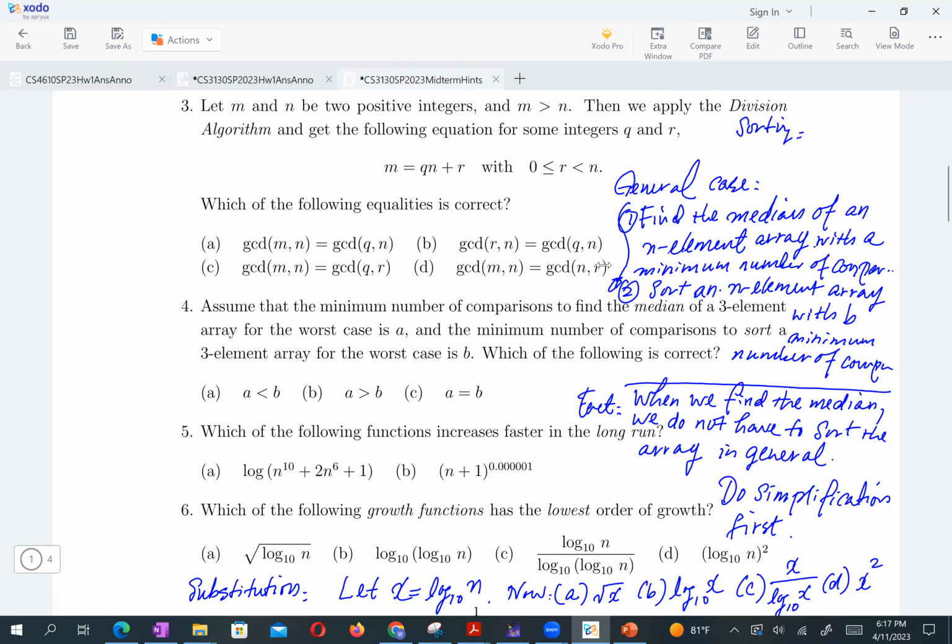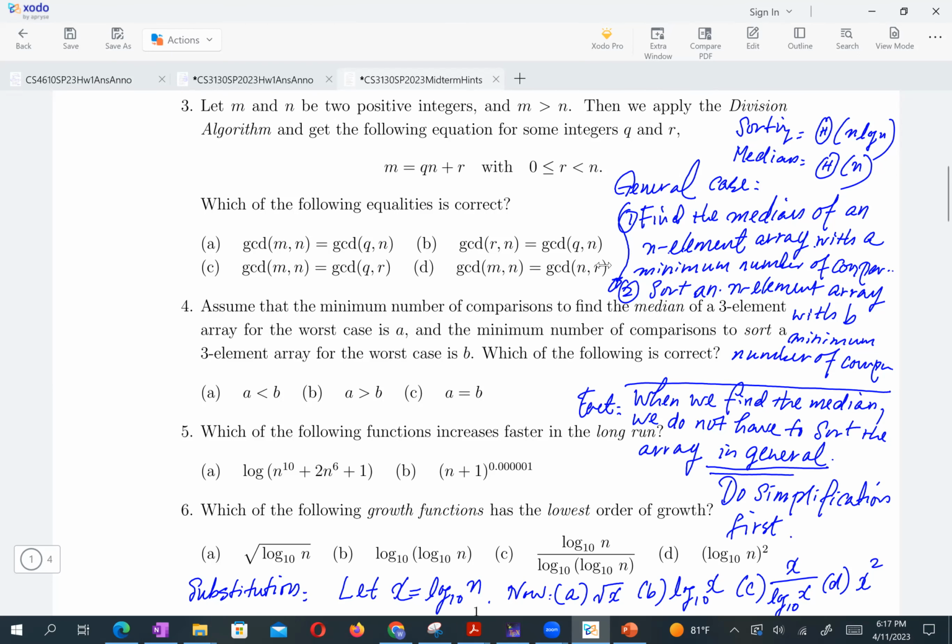And finding the median, here I just give you the result. The amount of work we need to do is big theta of n. You can see we can do less work finding the median than sorting in general. That's the case in general.